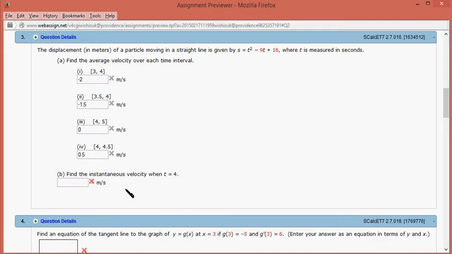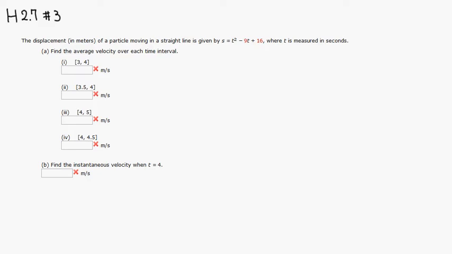And find the instantaneous velocity at when t equals 4. Alright, so let's do that. We're going to have to find the slope of the tangent line at t equals 4.